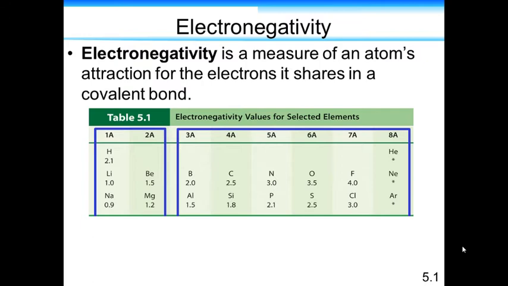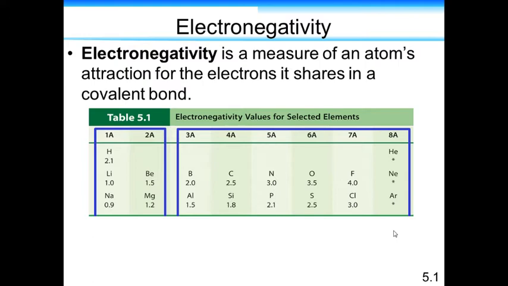There may be slightly different values of electronegativity depending on the source of information you're using, but the overall trend remains the same. Fluorine is the most electronegative element and usually will have an electronegativity value of 4.0. The noble gases have 0 electronegativity because they are completely stable.